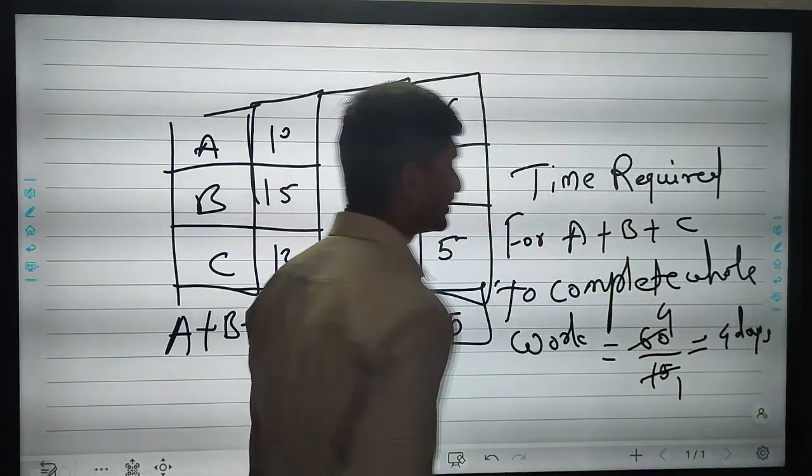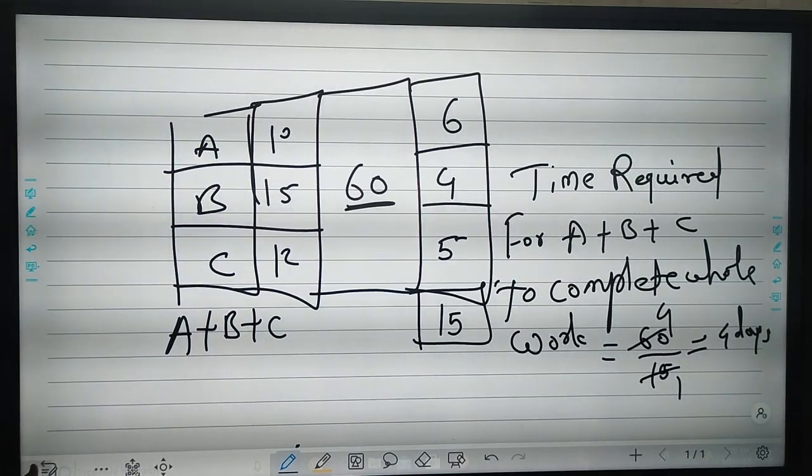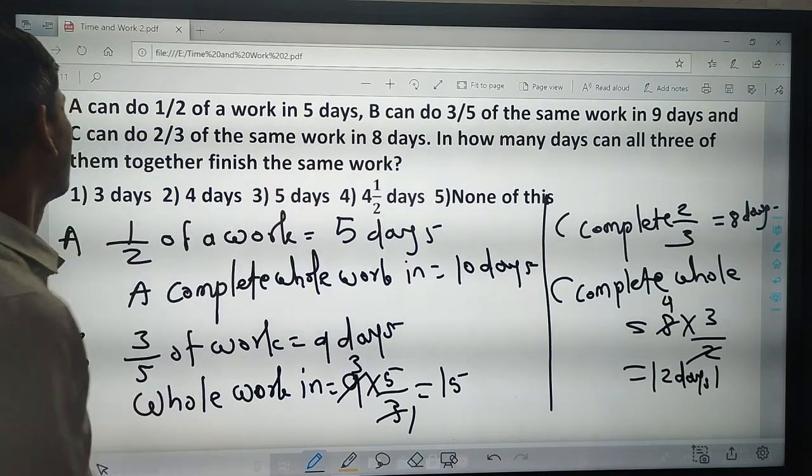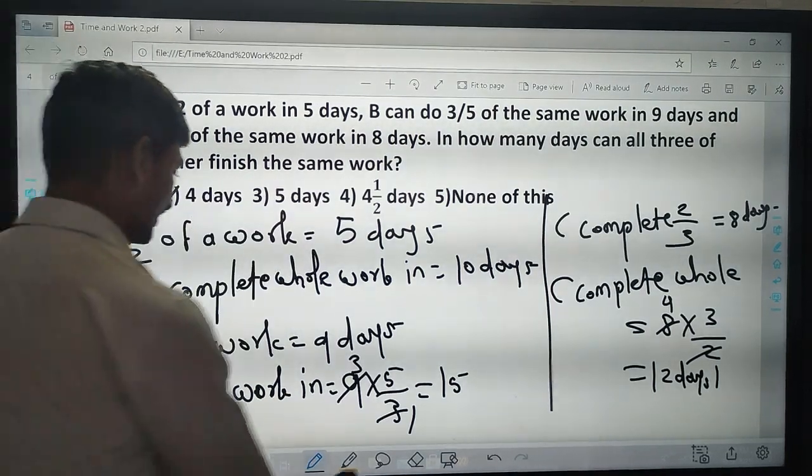Now ABC complete the whole work in 4 days. Here ABC work together, then they complete the work in 4 days. Now next.